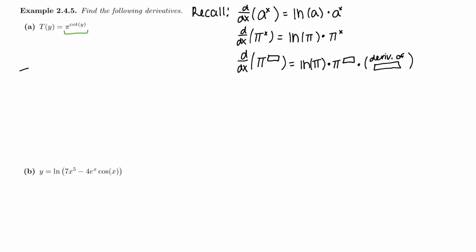So in action, t prime of y, the derivative of the outside, ln pi times pi to the cotan y, so that stays the same. And then the derivative of the inside, which is cotan y. And the derivative of cotan y is negative cosecant squared.